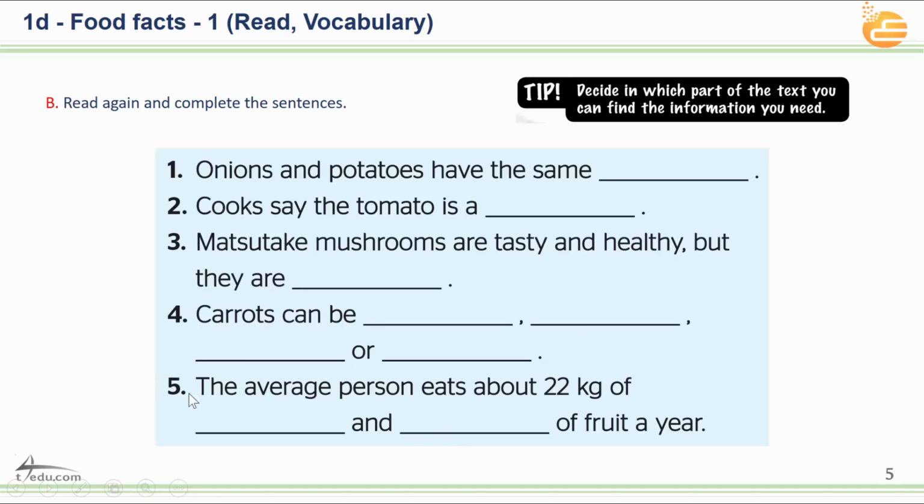The last one, number five. The average person eats about 22 kilogram of fruit a year. So, let's concentrate on the first one, about 22 kilogram of what?